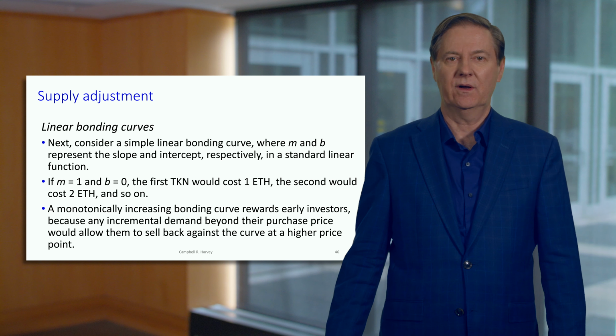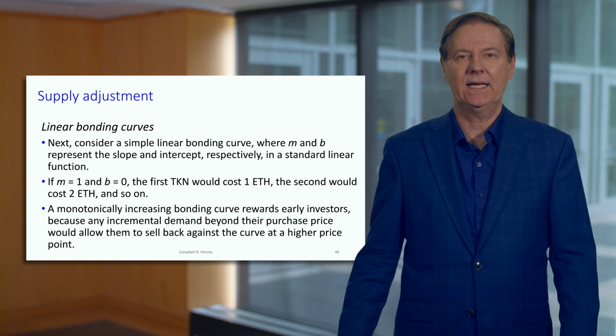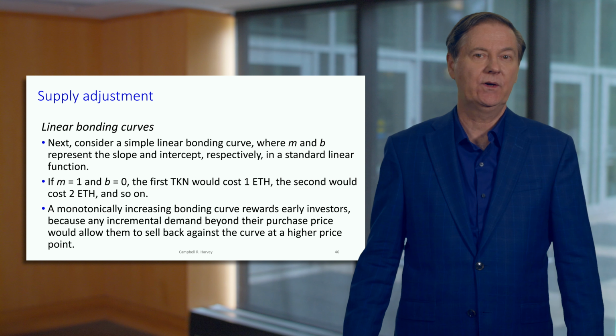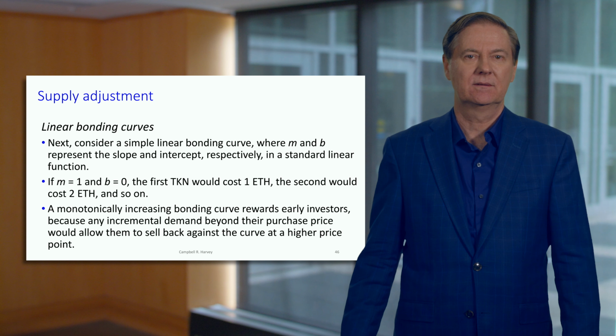So this is a very simple linear bonding curve, and it is constructed in a way that the people buying token early on are getting a really good deal. If you're the first in, you're only paying 1 Ether, but if you're the third one in, you're paying 3. So it is a way to incent people to get in early.